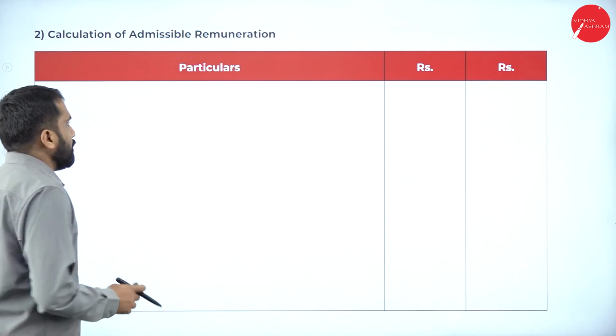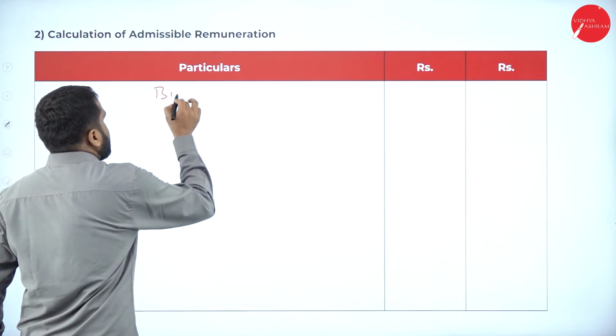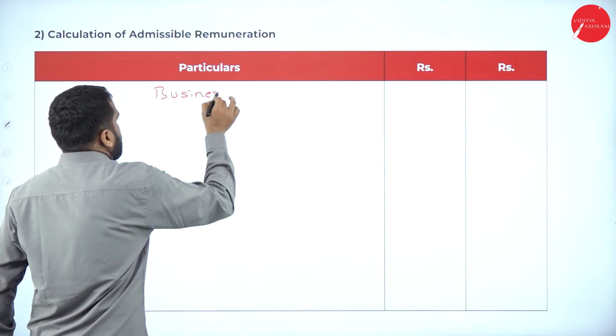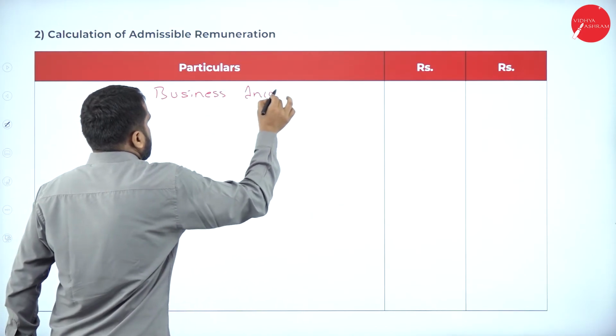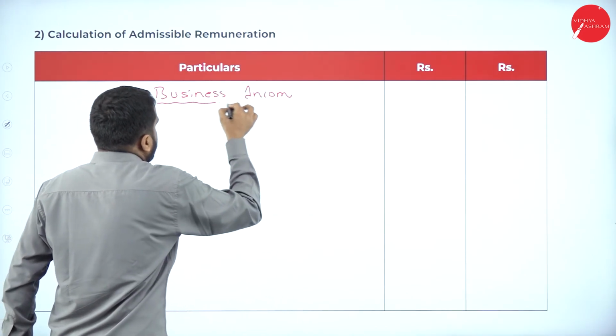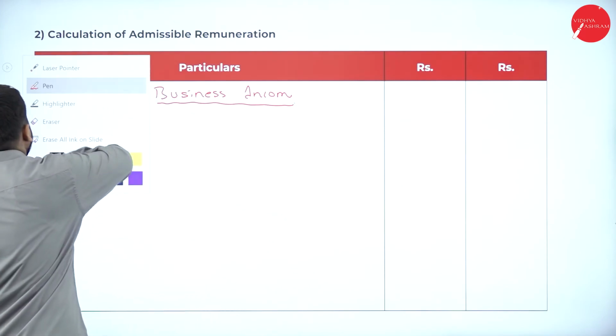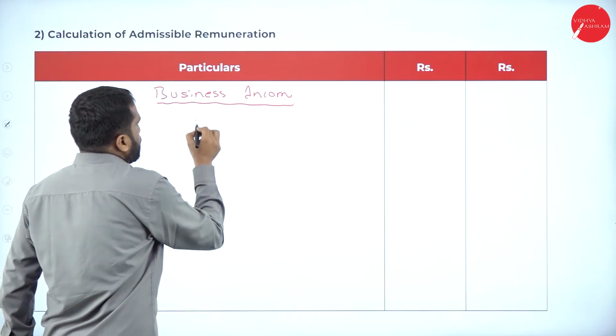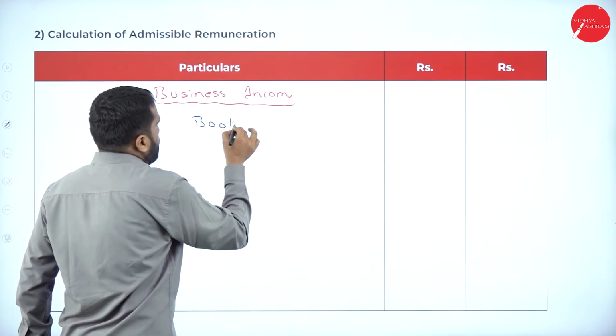Now understand how to calculate business income. How to calculate business income? Simple one. So what you are supposed to do, write your book profit.